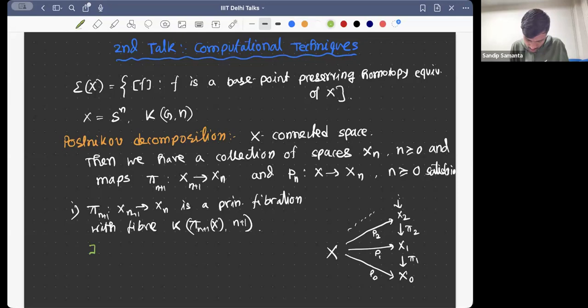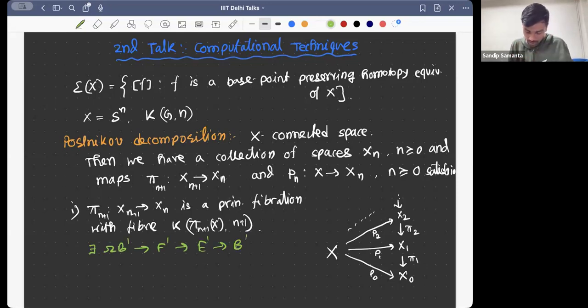That means there exists another fibration sequence. How to do that? Omega B' to F' to E' to B'. So the fibration is F' to E' to B'.